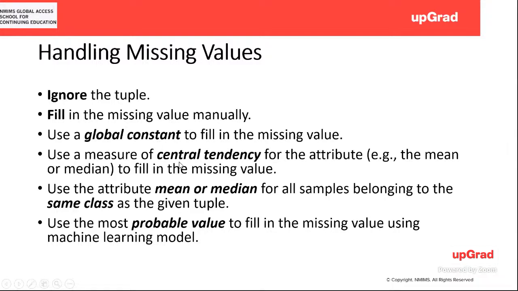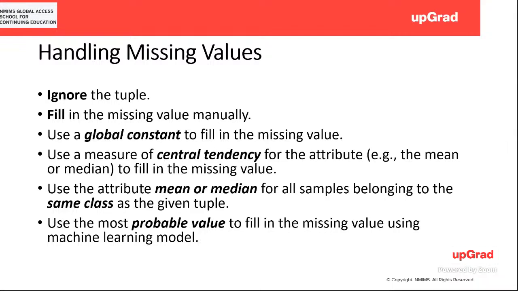Use a measure of central tendency. You can use mean, mode, median. You can replace the age with the mean age, the average age, or you can replace income with the median income. Use the attribute mean or median for all samples. You can also use the mean and median for different classes.